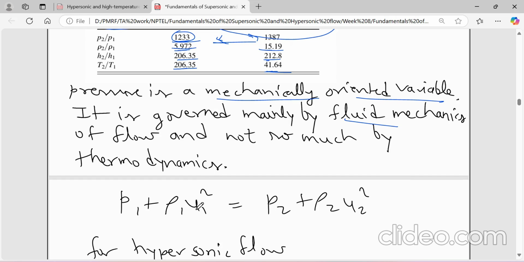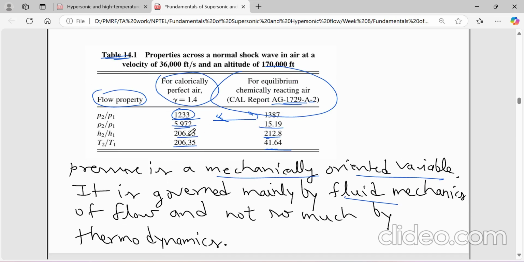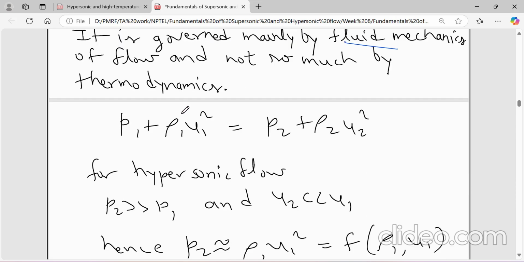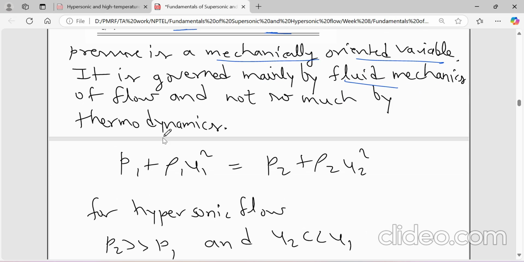And for hypersonic flow, if we see this table, just see how high the ratio P2 by P1 is. U2 is not given, but U2 by U1 is also very small. So P2 by P1 is very high, so P2 will be very much greater than P1. And similarly, U2 will be very much less than U1.